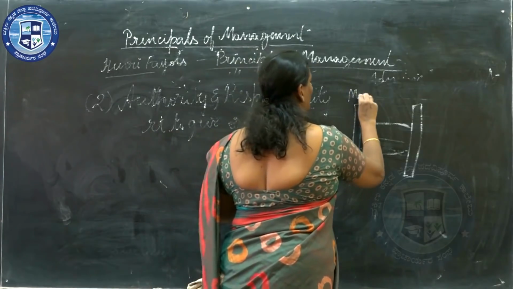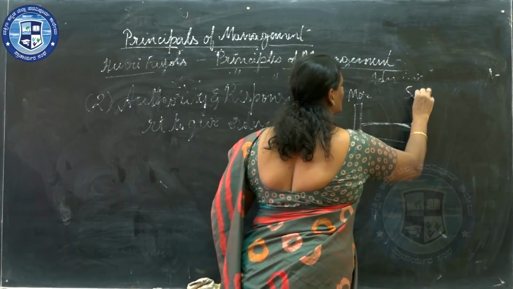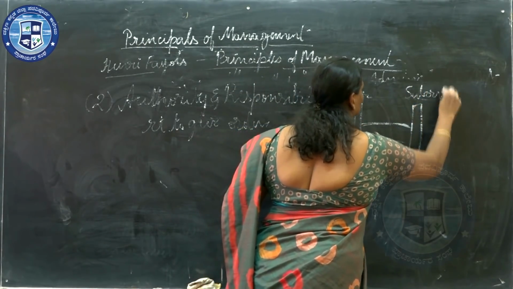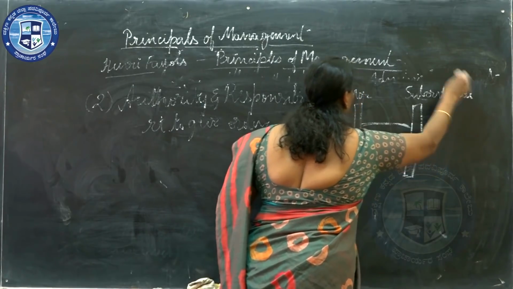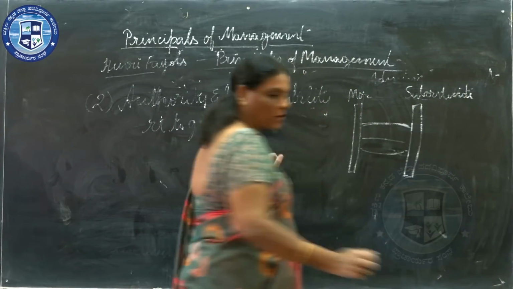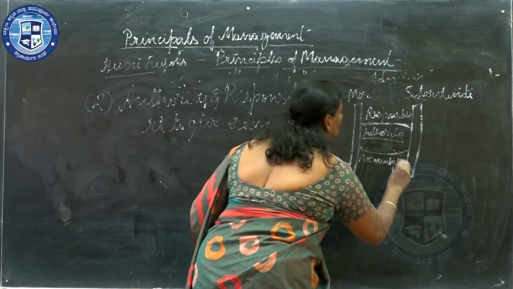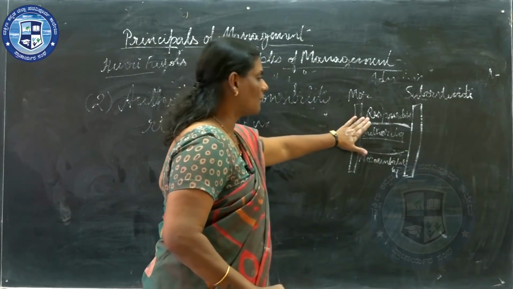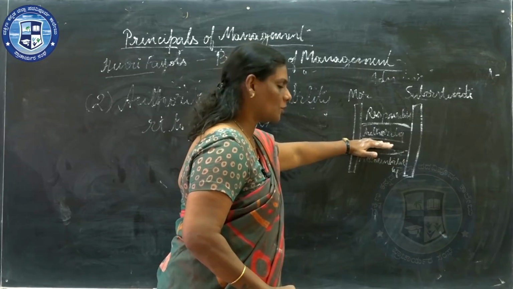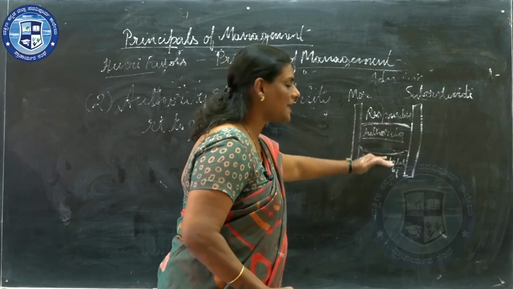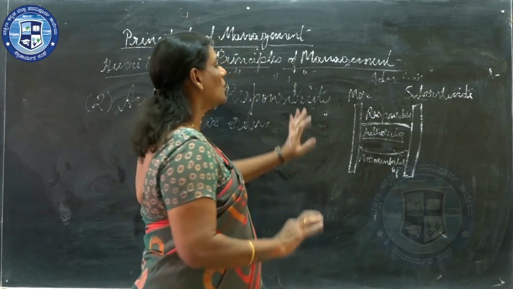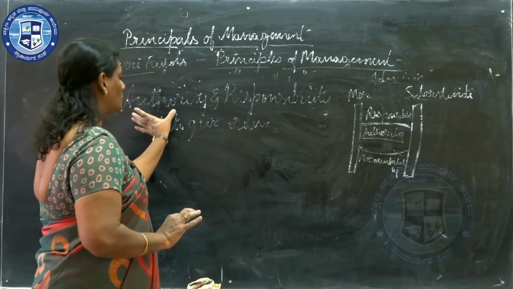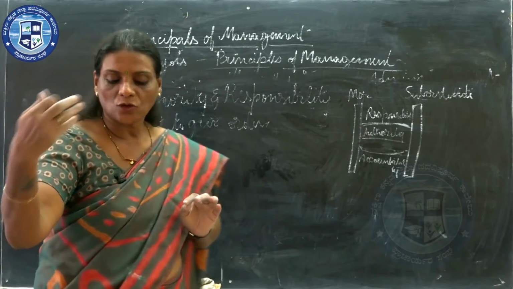This is the manager and this is the subordinate. Here you have responsibility, authority, and accountability. When we start with authority, authority is the right to give orders.